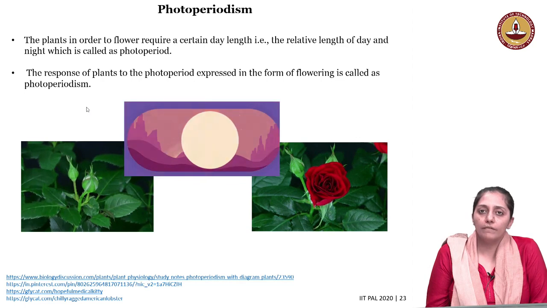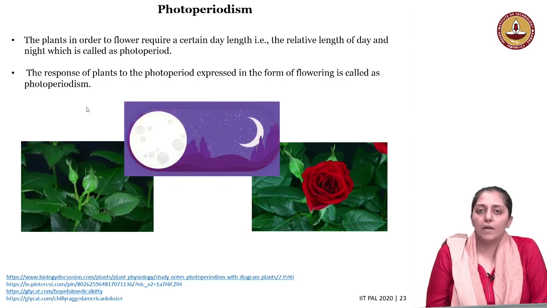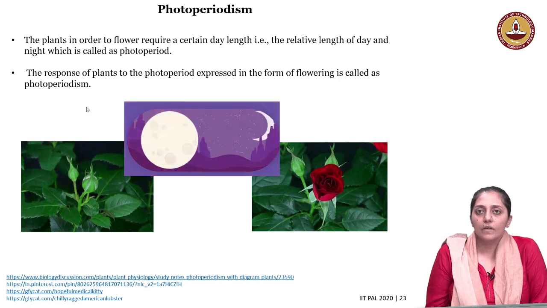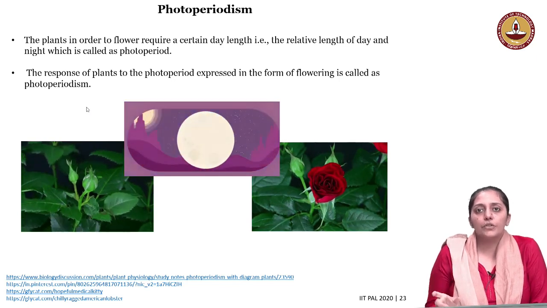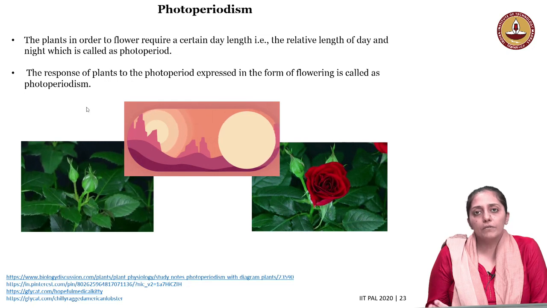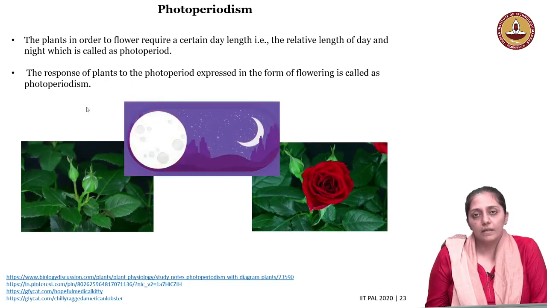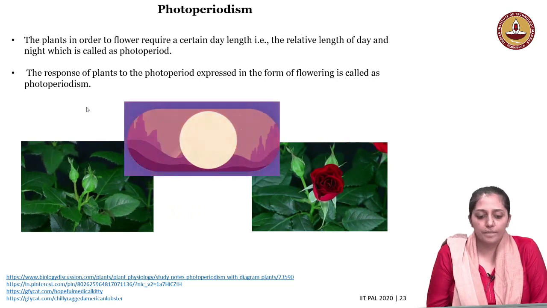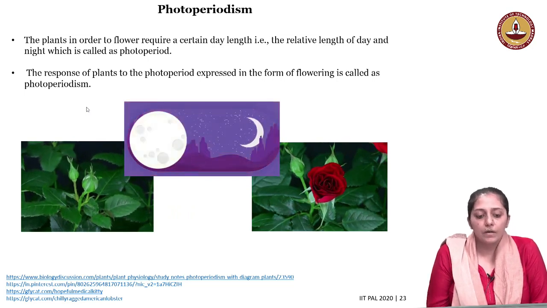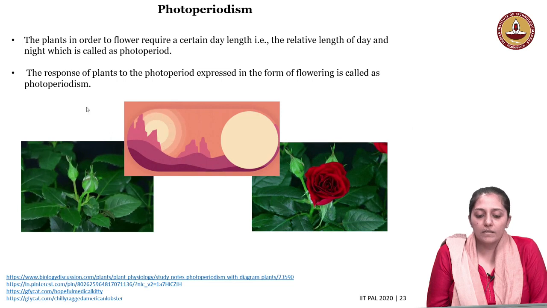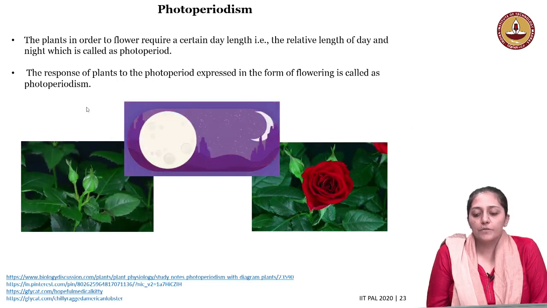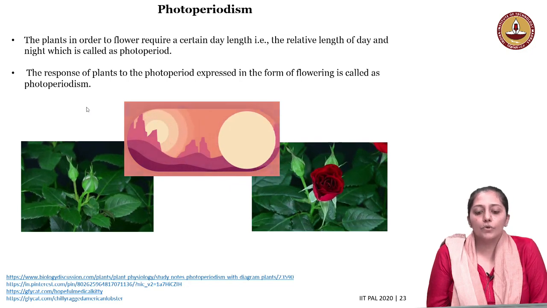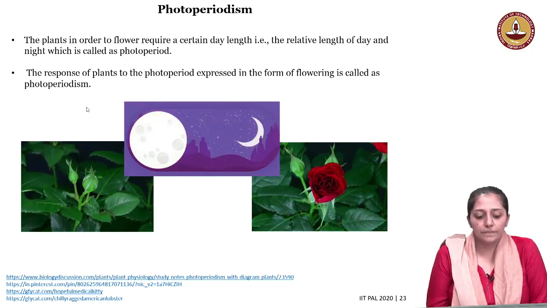Even when we do in vitro cultures of plants, plant tissues or cells, we ensure that the optimal photoperiod is maintained for maximum growth rates. The response of plants to the photoperiod, expressed in the form of flowering, is called photoperiodism in nature.